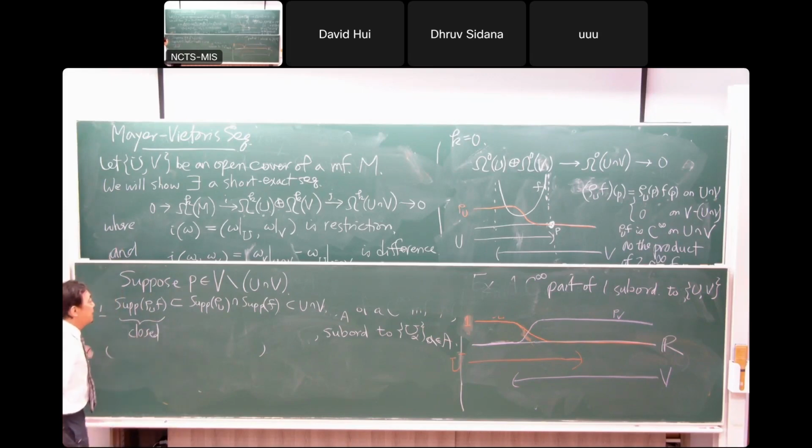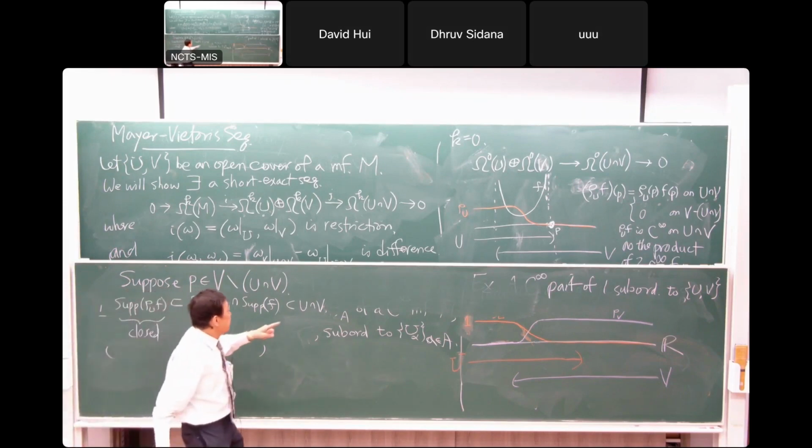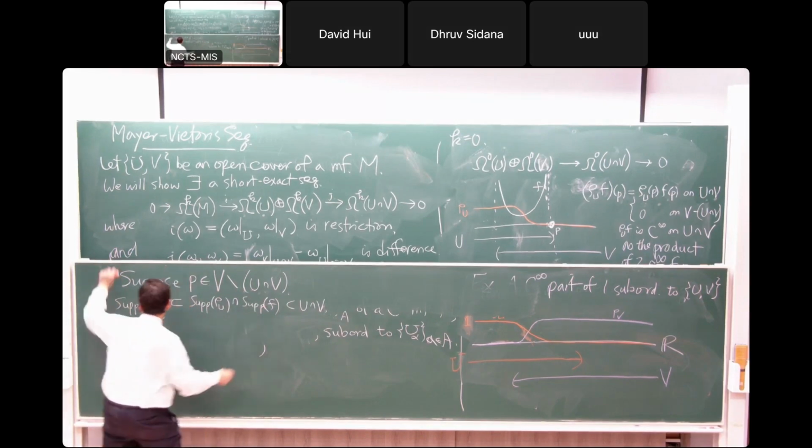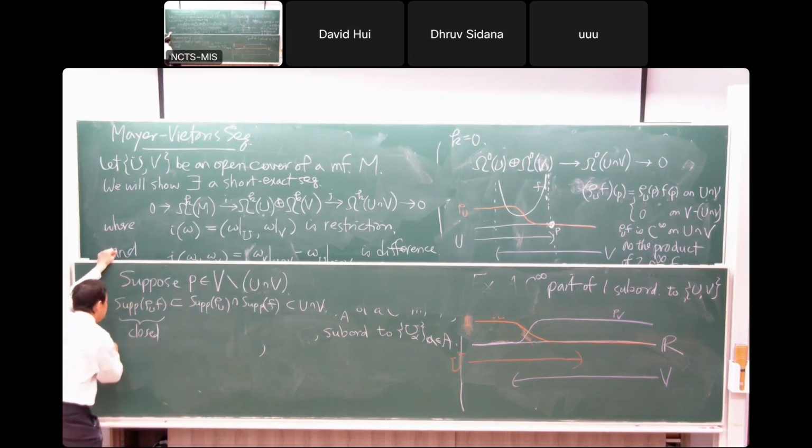But p is not in U intersection V, so p is not in the support.